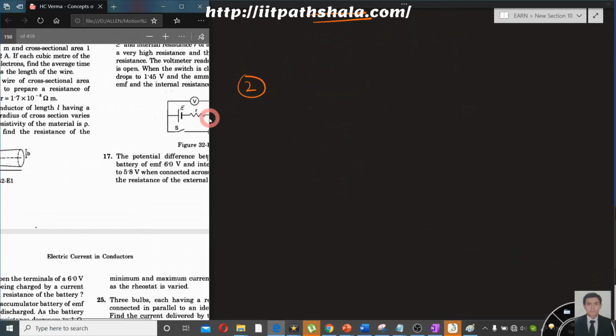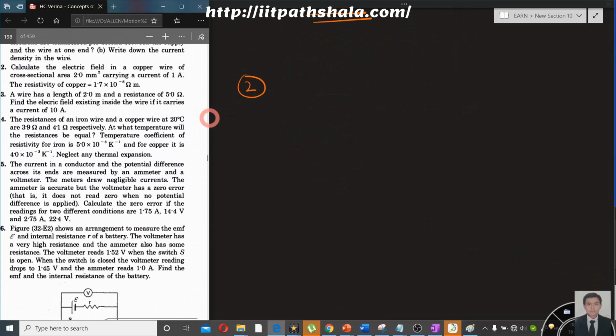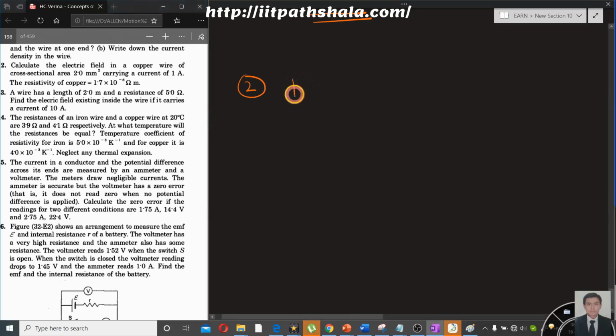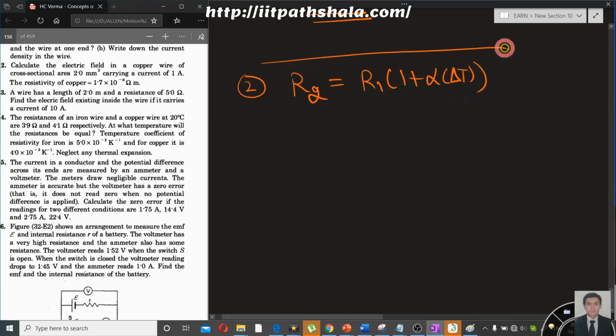Your second takeaway from the day is the variation of resistance with temperature. So you can say that R2 is R1 times (1 plus alpha delta T). This is the variation of your resistance with your temperature, as we have seen in the copper and iron wire itself.